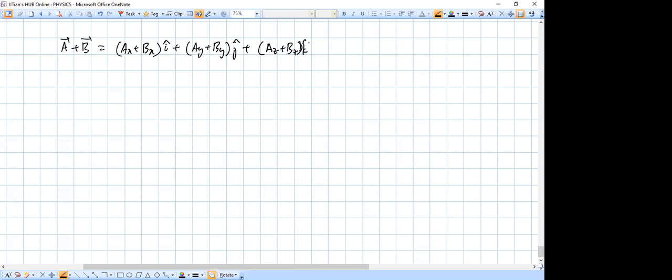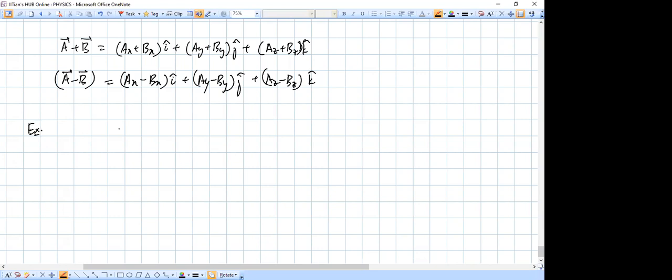And similarly, if we were doing A minus B, it would be ax minus bx i cap plus ay minus by j cap plus az minus bz k cap. So let's just wind up with an example.